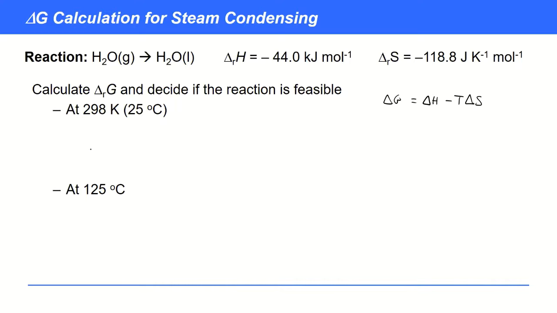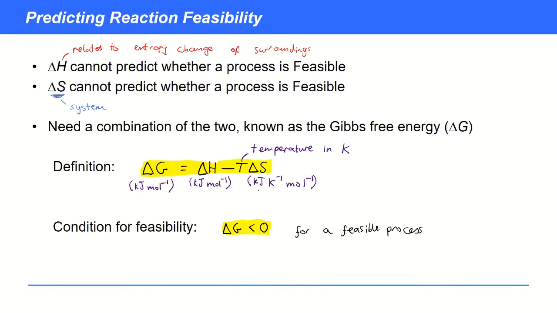So first situation here, if we're going to work out delta G, we need to plug in the enthalpy change, and I always stick brackets around these in order to make sure that I get these right. And it's minus T, which is 298, times delta S, which is going to be minus 118.8. But if we go back to the previous slide, we had to convert that into kilojoules per Kelvin per mole, because otherwise it won't line up with the enthalpy, which is in kilojoules per mole.